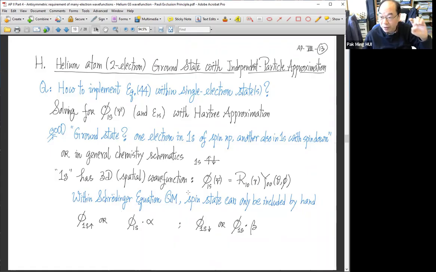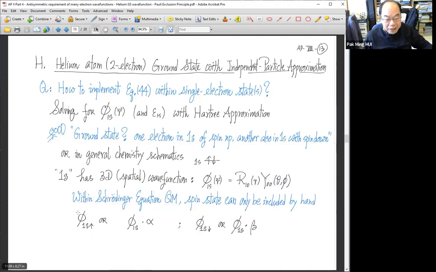We have to consider that the total wave function of 2 electrons must be antisymmetric. That is the new rule that we learned today. We now want to implement it in the ground state of the helium atom. We are doing Schrödinger quantum mechanics, thereby the spin state, spin up, spin down, has to be included into the Schrödinger solutions by multiplying in the spin part.